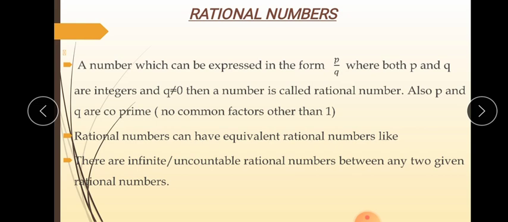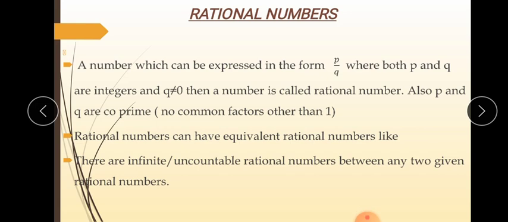So any number which we can write in the form of p by q as a fraction, where p is the numerator and q is the denominator, we can call a rational number.